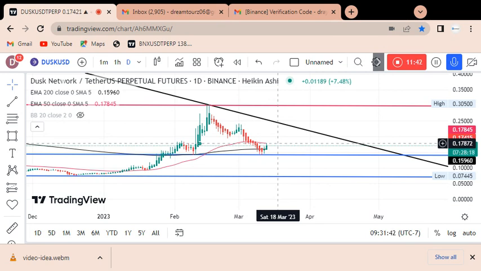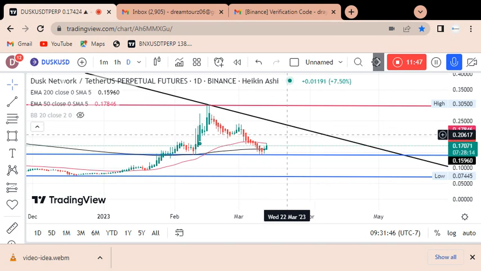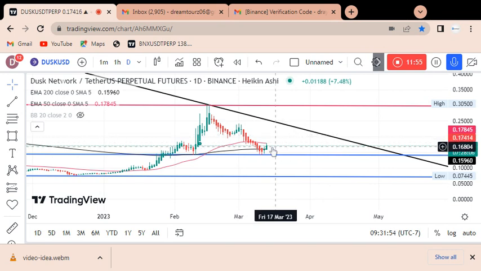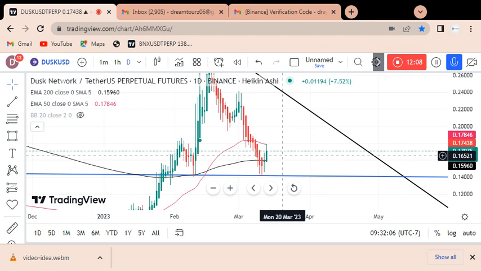Then we can decide what's going to happen later on from there. But right now, there is a strong resistance, which is the 50 EMA, that is keeping price in between these two. Let me zoom in so you see very well. Look at price just in between the 50 EMA and the 200 EMA. That is why you can see that the market is ranging from here.